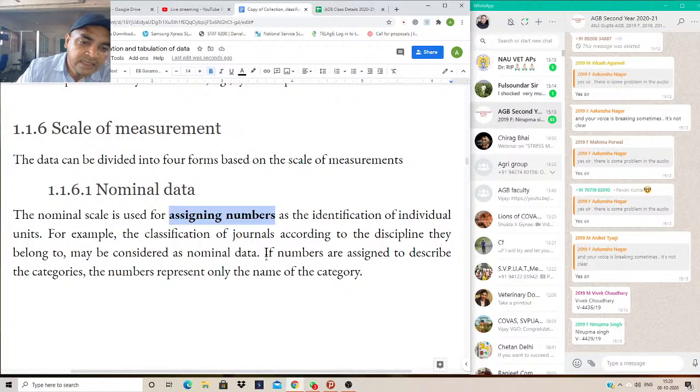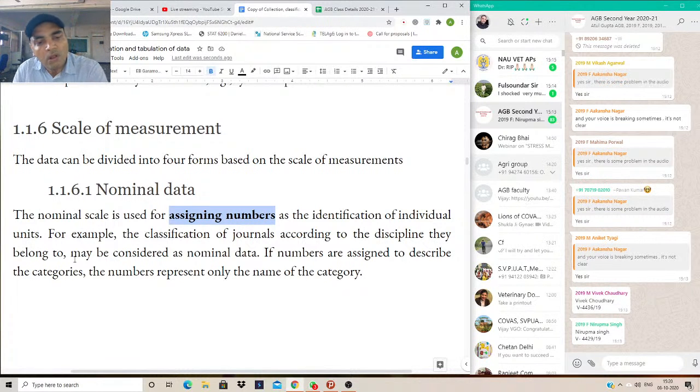Okay, for example, the classification of journals according to the discipline they belong to. That is, this is a pathology journal, this is a parasitology journal, this is an animal genetics and breeding journal. So accordingly they have been given some numbers, 1, 2, 3, 4, 5, 6. Okay, and from those numbers you can identify that this particular journal is of this subject.